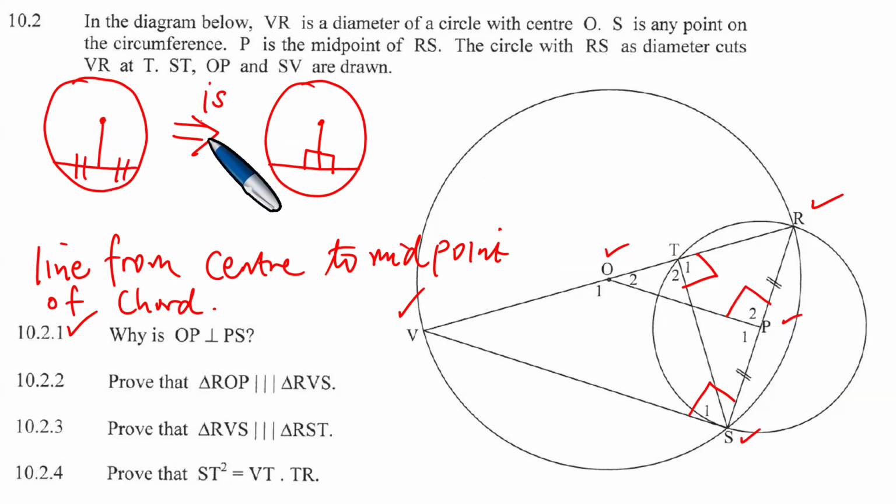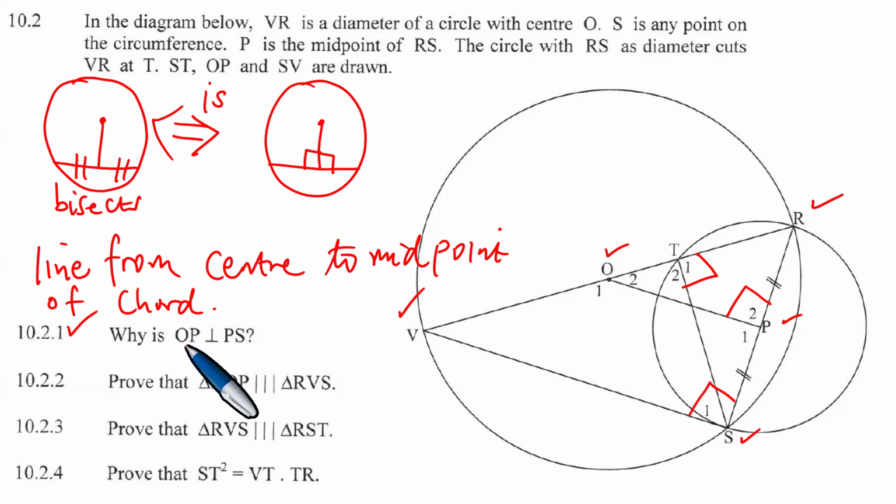And the reverse is true. A line from center perpendicular to a chord bisects the chord. And obviously to bisect the chord is to divide the chord into two equal line segments.